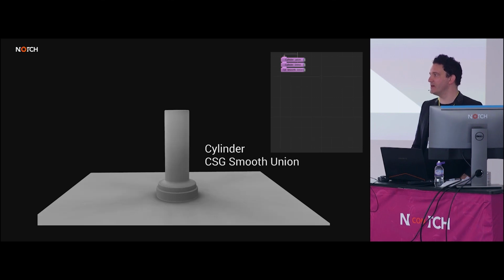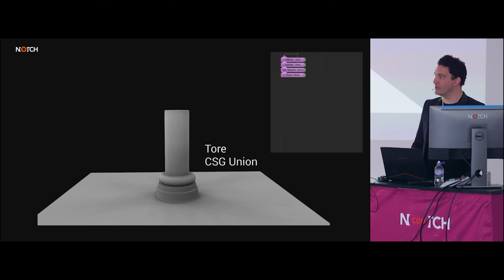Then we're going to add another cylinder shape, but use a smooth union so that it blends in at the bottom. The key thing with procedural Boolean operations is that the vertical order is obeyed. So you're blending something on top of the stuff after it. So this smooth unions in with the two shapes below it. And then we've added a torus with another union to create this kind of bottom shape.